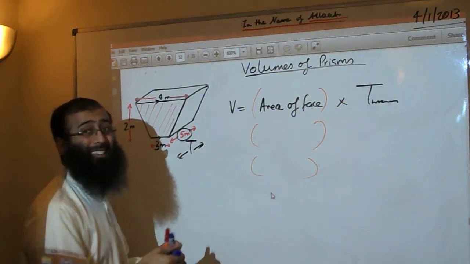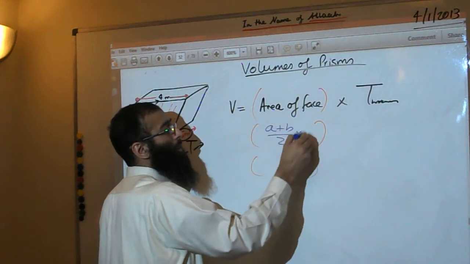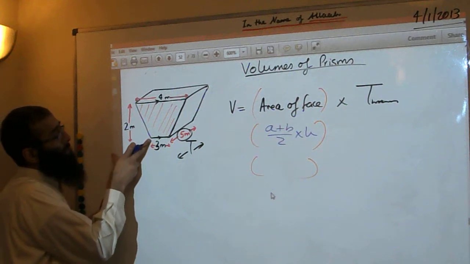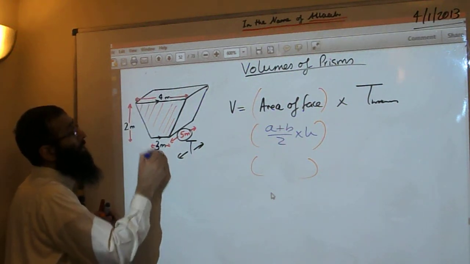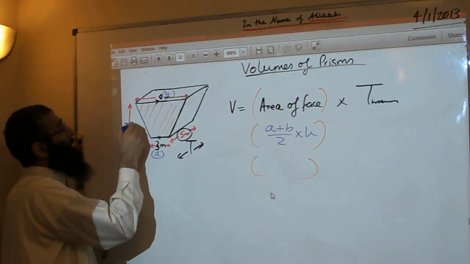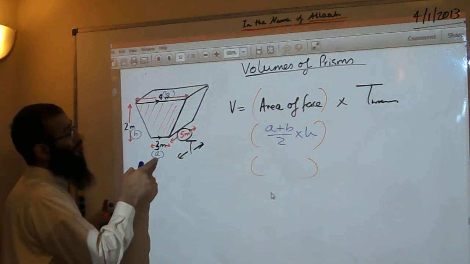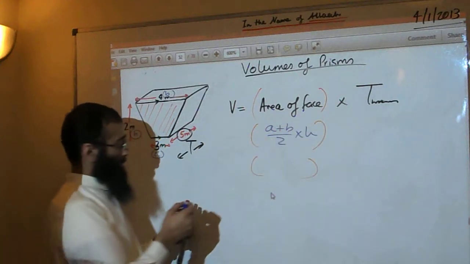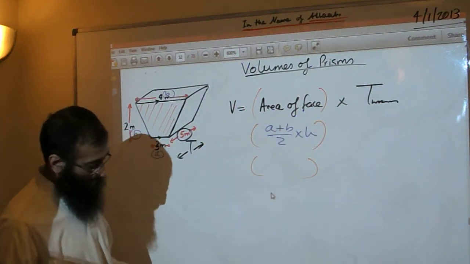The area of a trapezium is, we add up the parallel sides, divide by 2 and times it by the height. So where are our parallel sides? The parallel sides are the bottom and the top. I'm going to label this as A and this top one as B. The height is the perpendicular height, which is this one here, the 2 meters. A is 3 meters, B is 4 meters. Now the thickness is here, how wide it is.